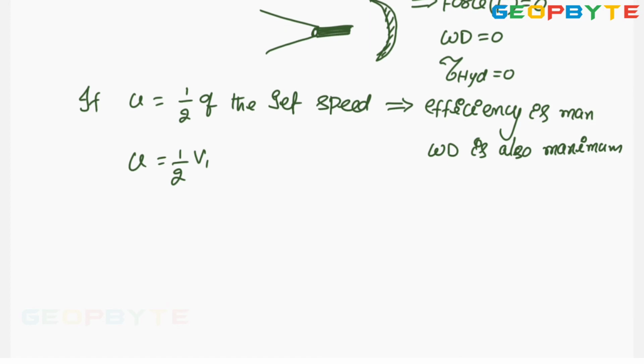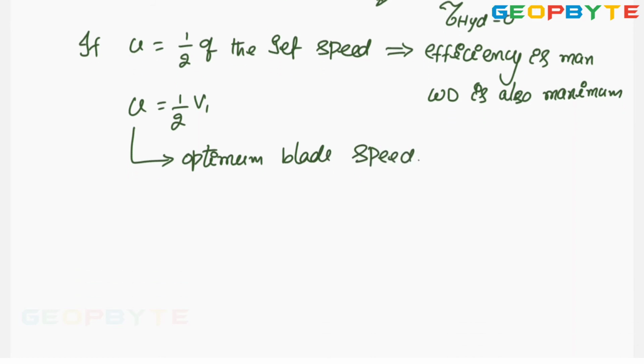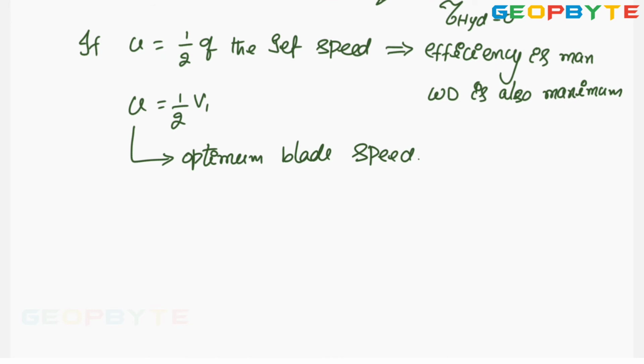At this condition, this speed is called optimum blade speed. Optimum blade speed means the speed of the blade at which the turbine can maintain maximum efficiency.